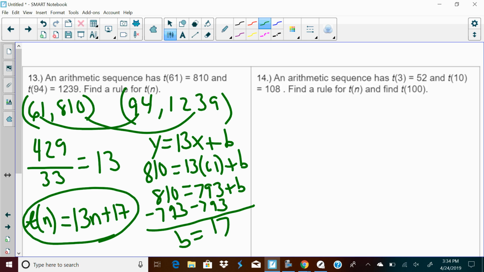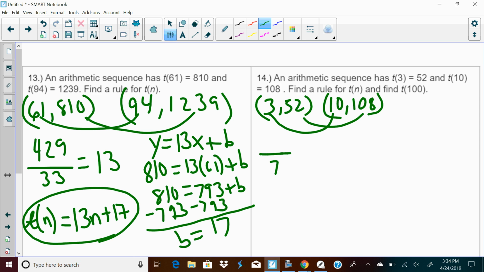So for 14, I do the same thing. So my ordered pairs are 52 and 3, and I also find t of 100. So I subtract these two and these two. So I get 7 on the bottom and 56 on the top. So my slope would be 8. So I'm going to do y equals 8x plus b. I'm going to sub in the 52 and the 3.